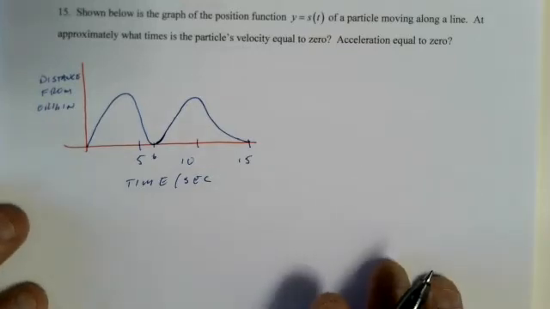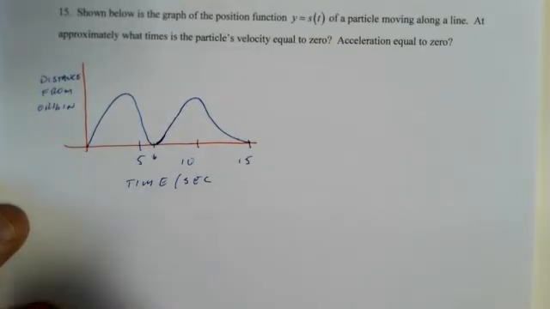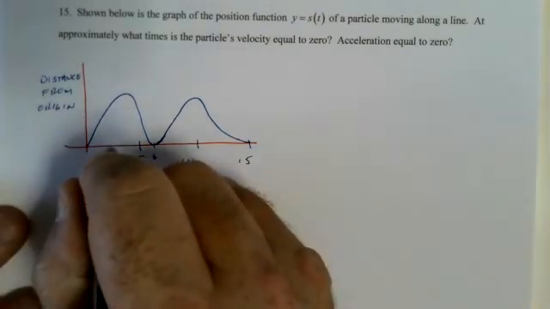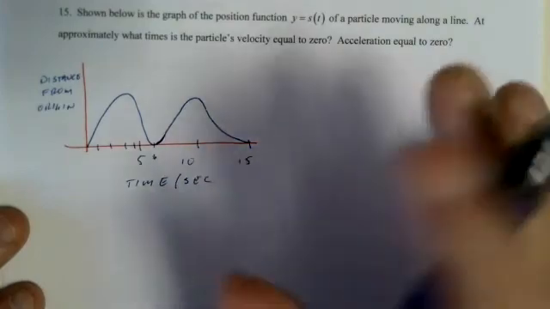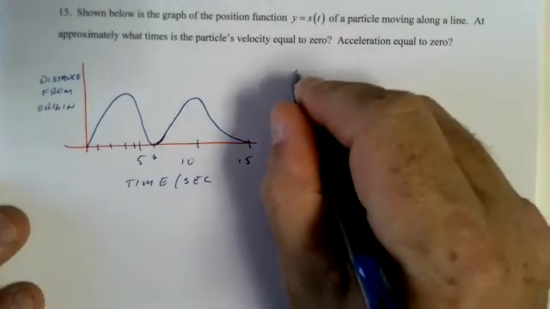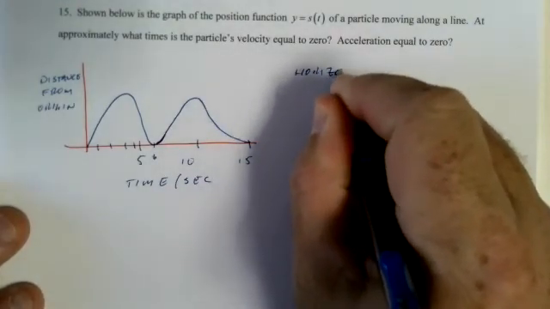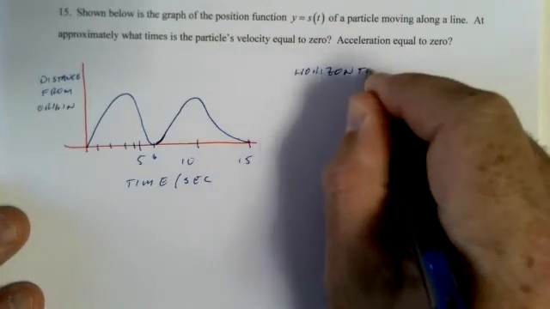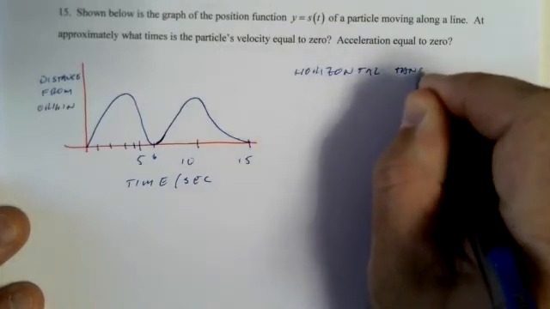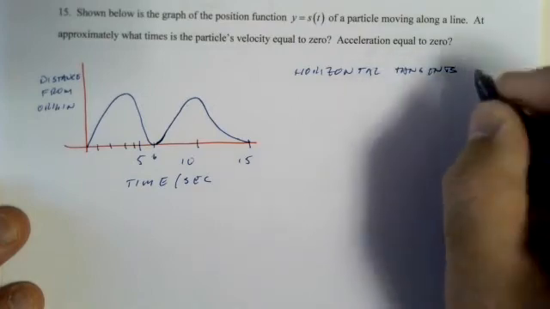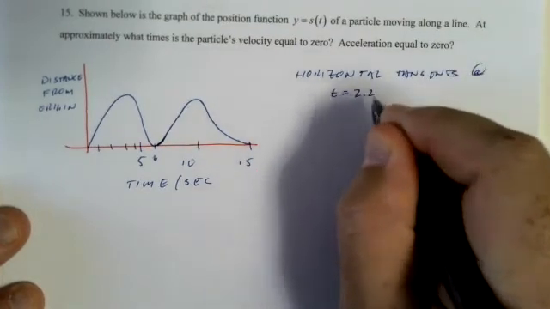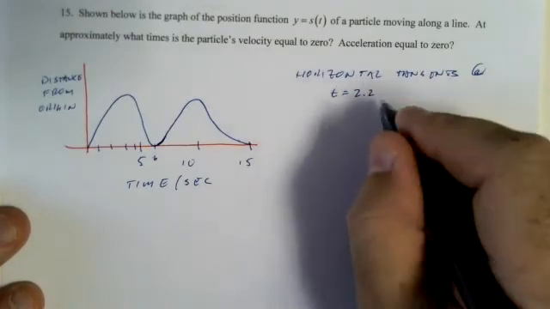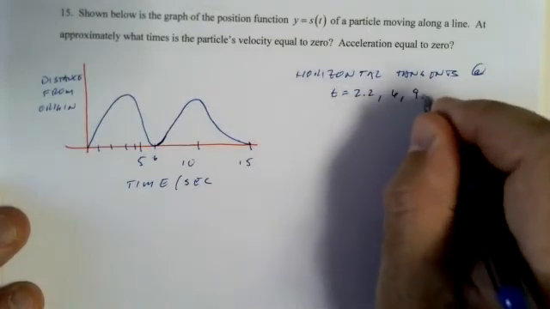So you've got horizontal tangents at approximately t equals 2.2, 6, and then a little bit less, like 9.8.